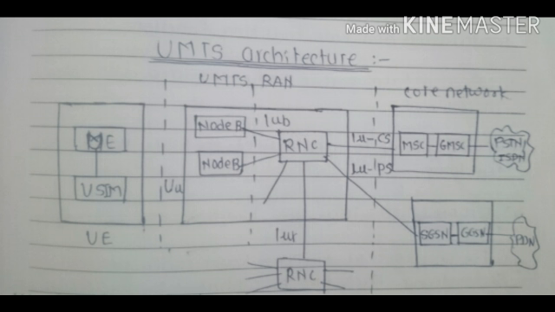The SIM performs functions like encryption and authentication of users. It stores all the user related data for the UMTS network.